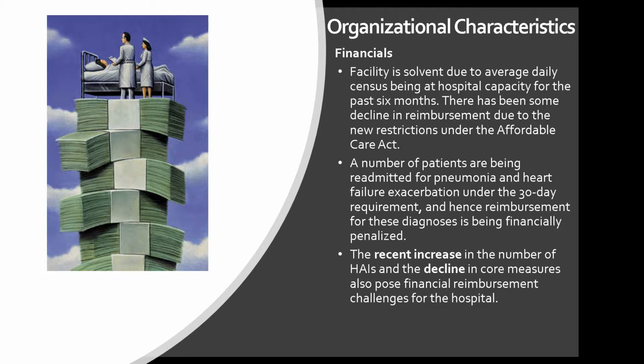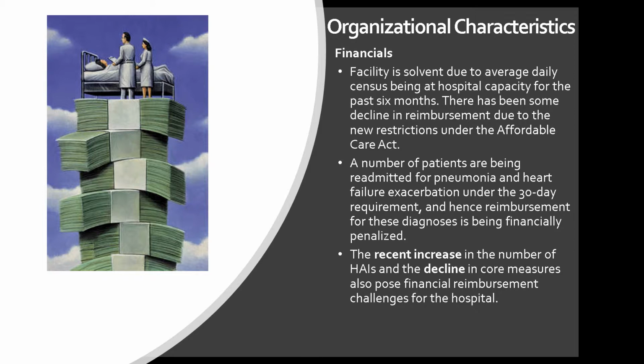The recent increase in number of HAIs and the decline in their core measures, both of these can be found on the CMS websites, or core measures can also be found on the Joint Commission website. We actually use the Joint Commission website for what is known as the specifications manual for the core measures that have been identified by third-party payer and Joint Commission leadership.